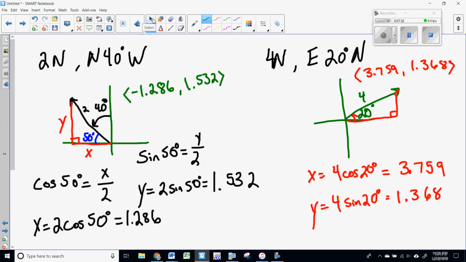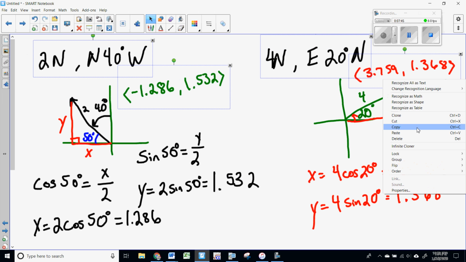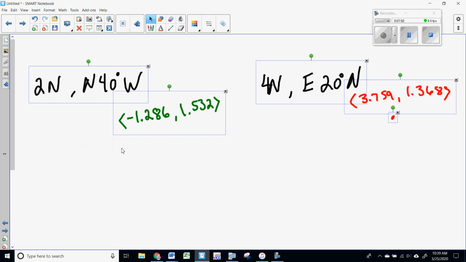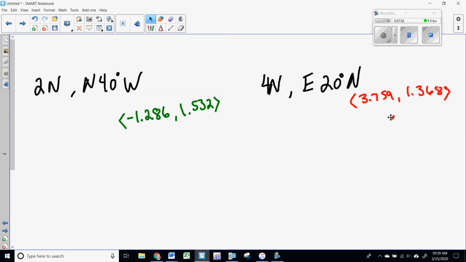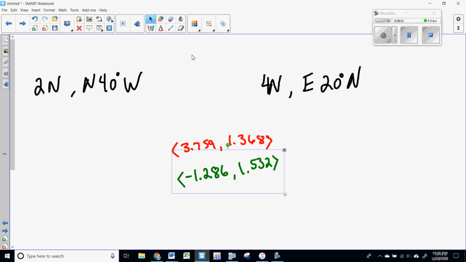So now, once I have that information, I can forget about those drawings. I can come over here, and now I can just take these two vectors that I get, and all I need to do is add these vectors.